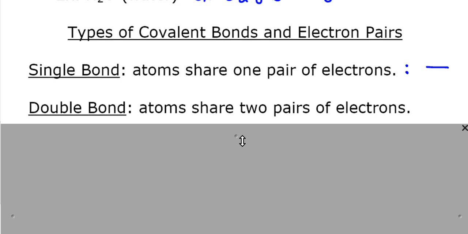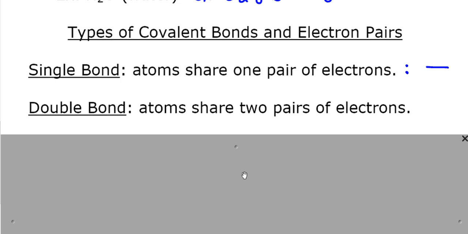Next one, a double bond. Atoms can share two pairs of electrons. That means 4. If you were doing it with dots, you would put 2 pairs of electrons together. If you're going to represent it with lines, it would be 2 lines. When you see the lines, one line represents 2 electrons.